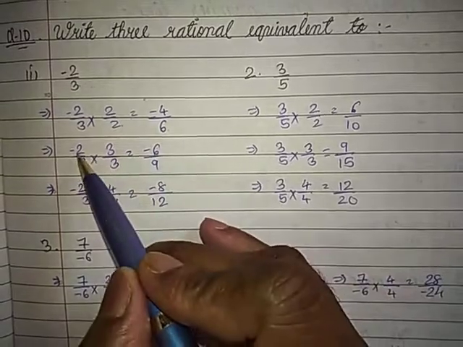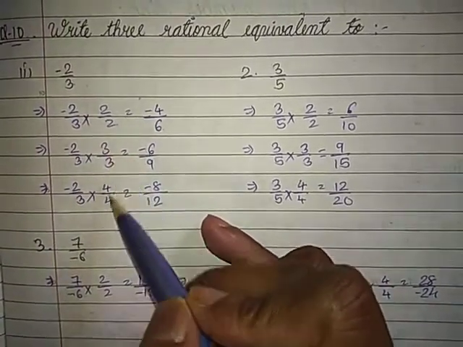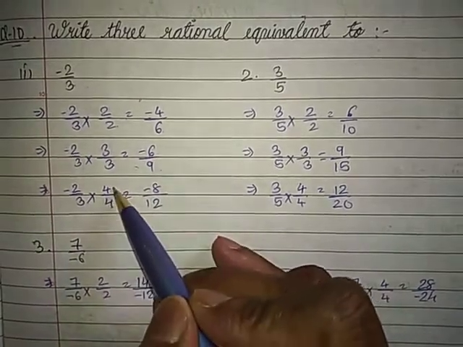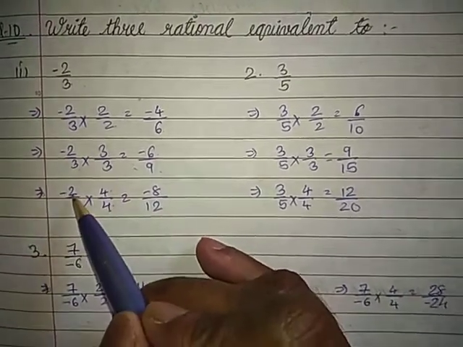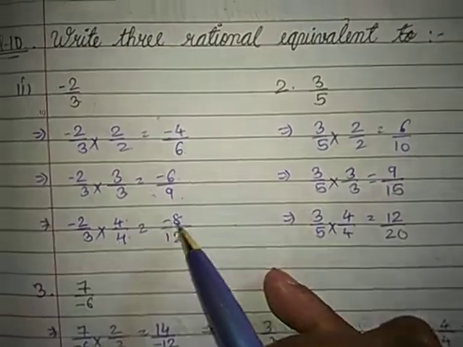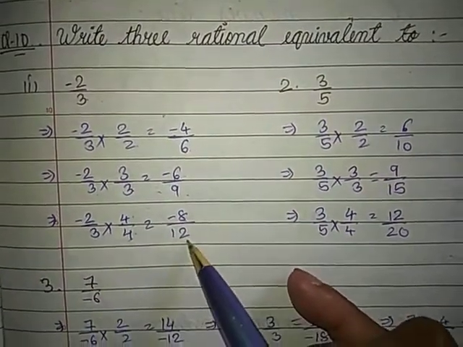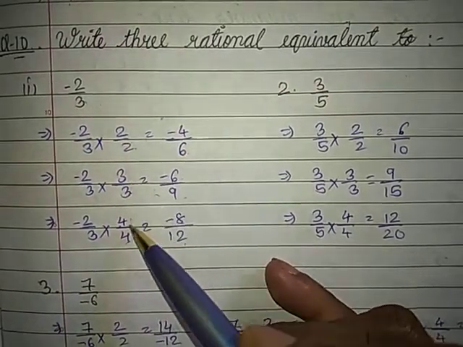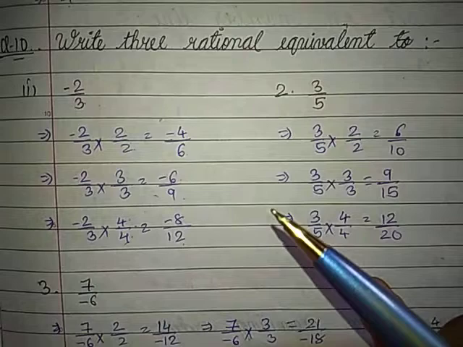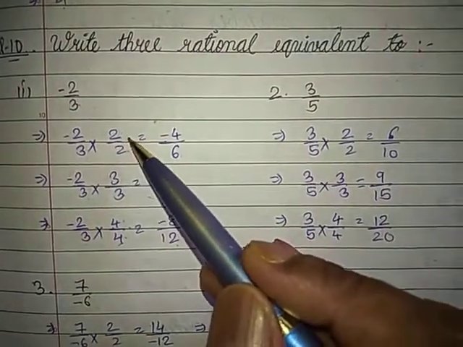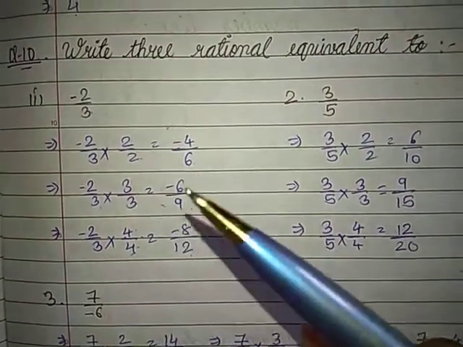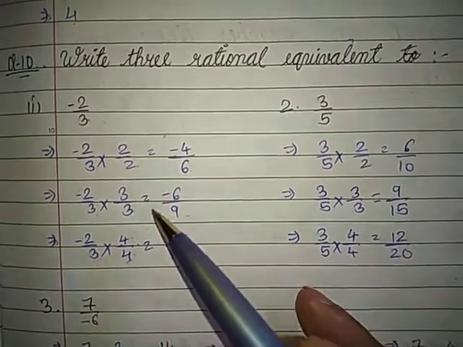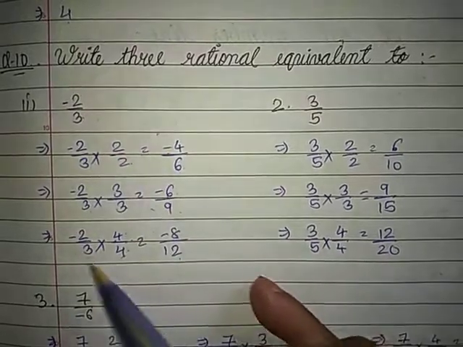Then multiply with 3: 2 3s are 6, minus 6, 3 3s are 9. Multiply numerator and denominator by 4: 2 4s are 8, minus 8, 4 3s are 12. It is not necessary to multiply with 2, 3, 4 as I have taken. You can take your choice. You can also multiply with 5 upon 5, 6 upon 6, 7 upon 7, 8 upon 8. Anything you can do with this.